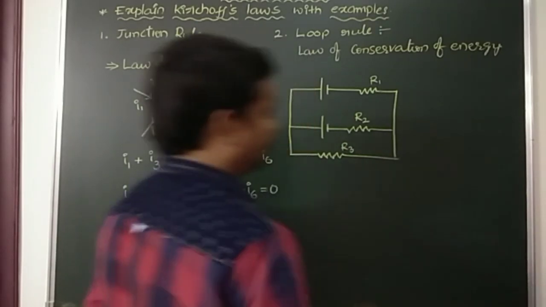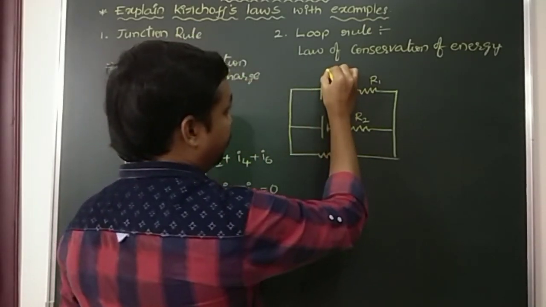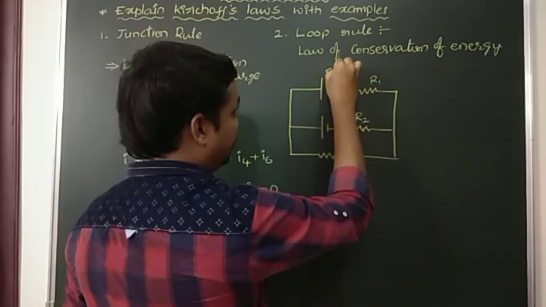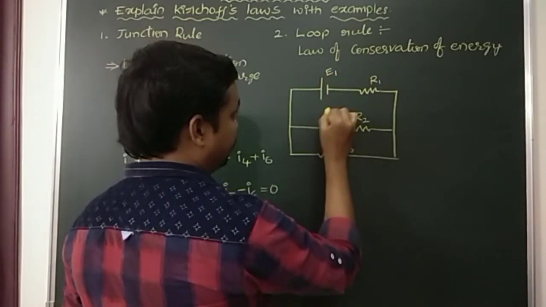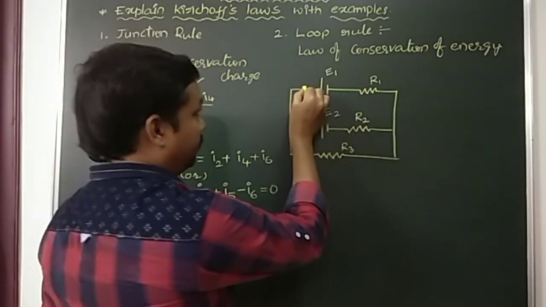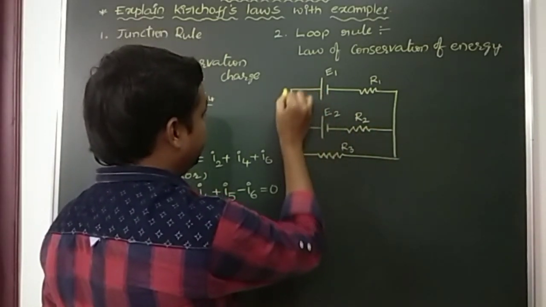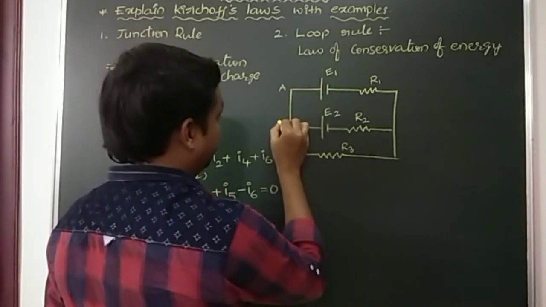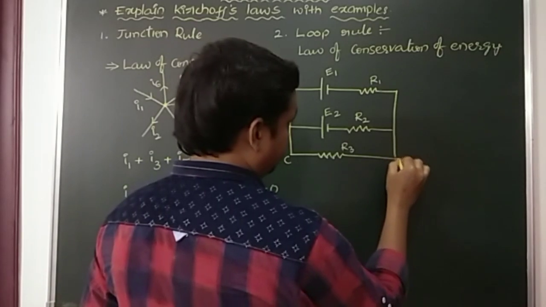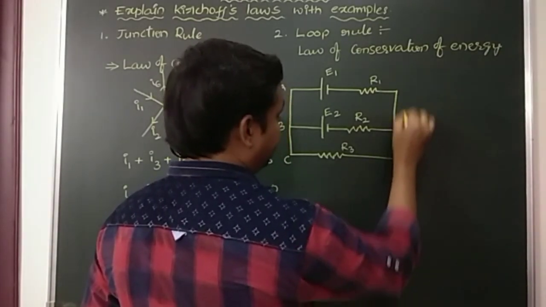This is R3. Here is the EMF, which is represented as E1, and this is E2. Here I am naming the points A, B, C, D, E and F.